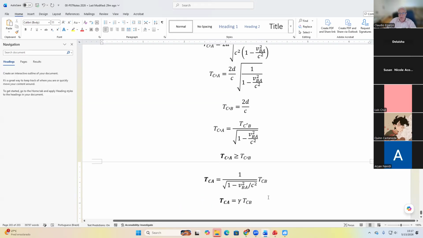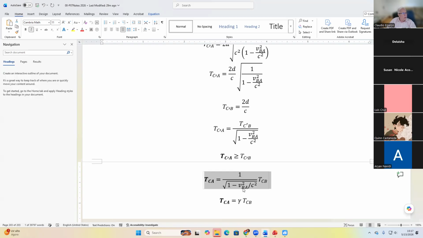The gamma factor is always greater than 0. You can plot this equation against VBA over C. It's possible to do that for different values of VBA, for different values of this ratio.